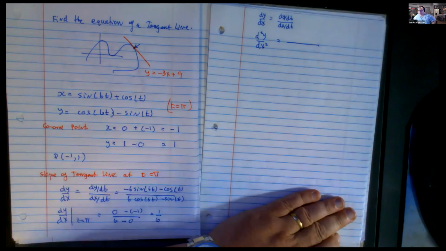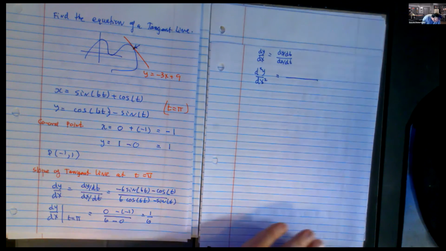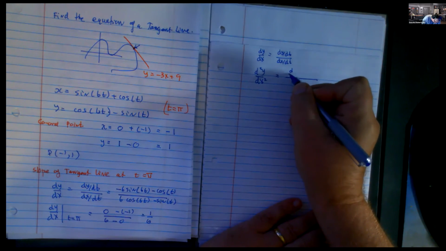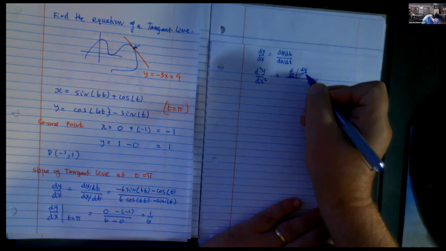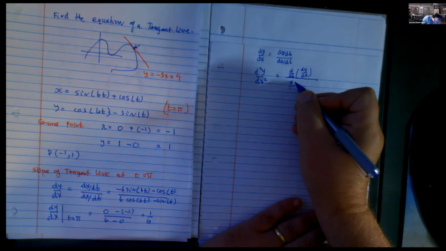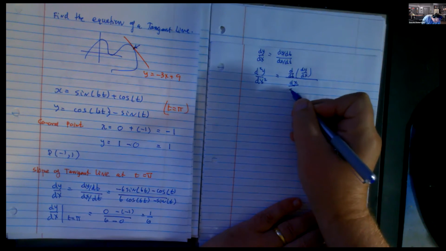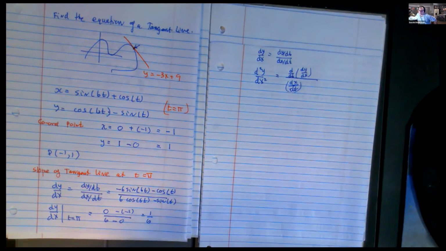If you want to find the second derivative, this intuitively is not so obvious. Would you agree that is not elegant?